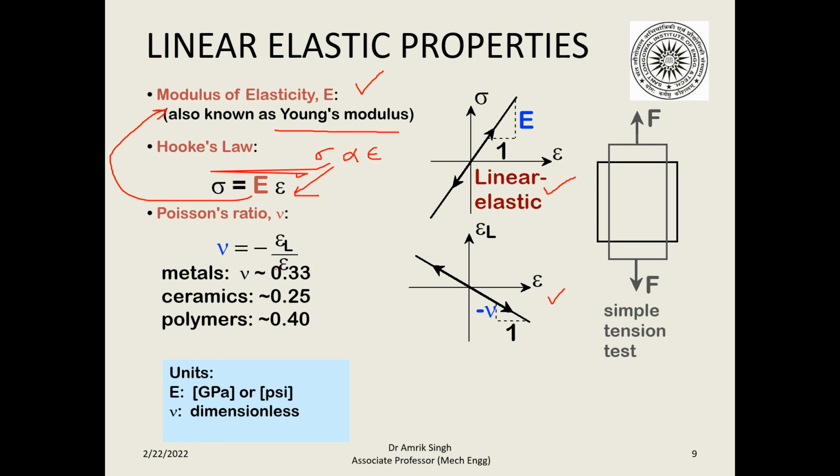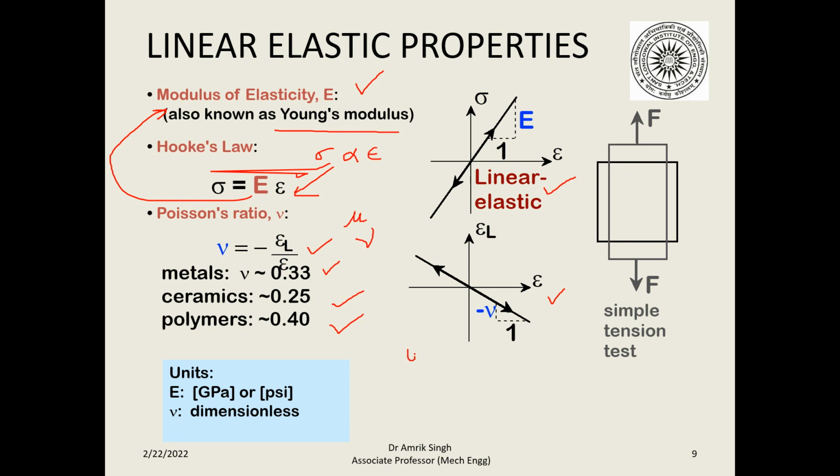Now the Poisson ratio is the lateral strain upon the longitudinal strain. It is a property. We denote this either with mu or nu. This is the symbol mu. For metals, the Poisson ratio is 0.33. For ceramics it is 0.25, and for polymers it is 0.4.